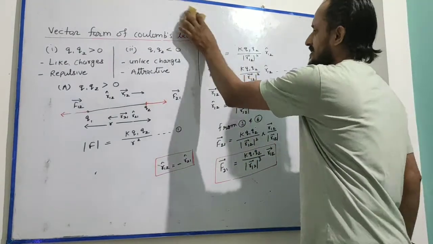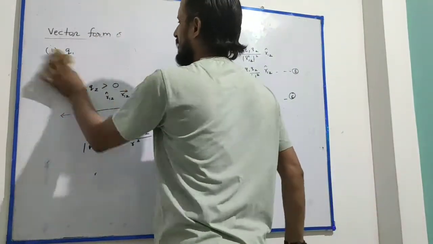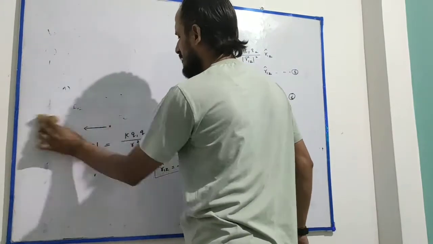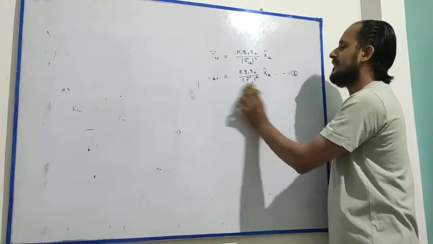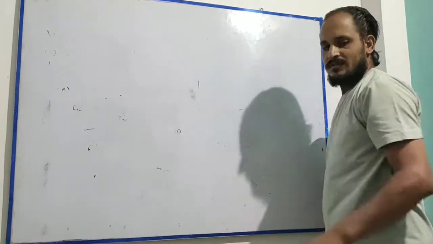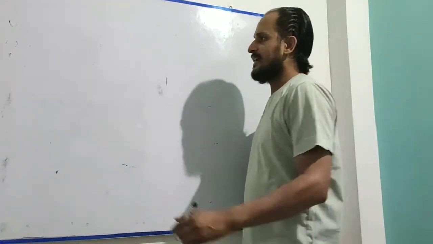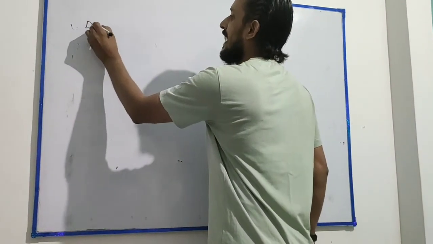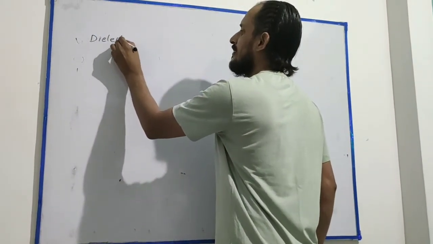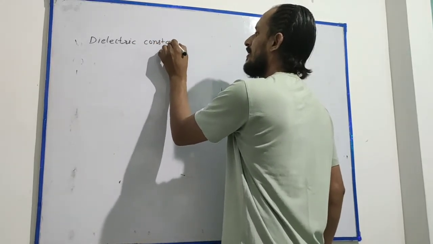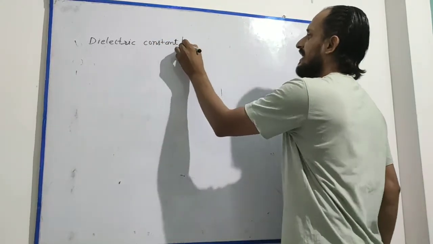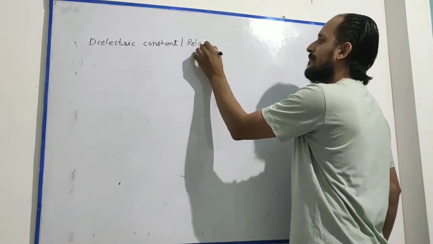So this is all about this topic. Now we will discuss the next topic, which is dielectric constant or relative permittivity.